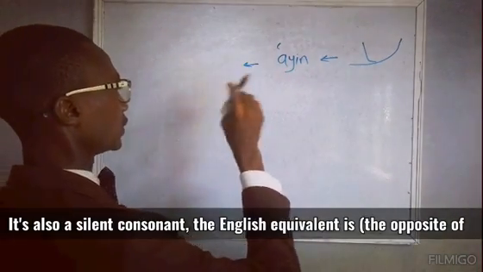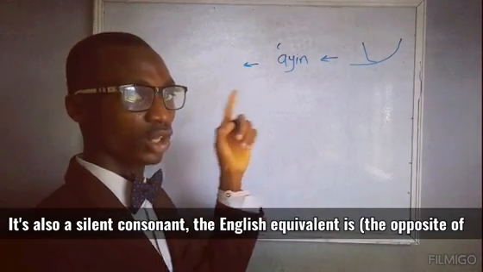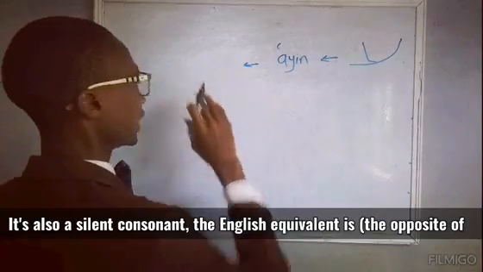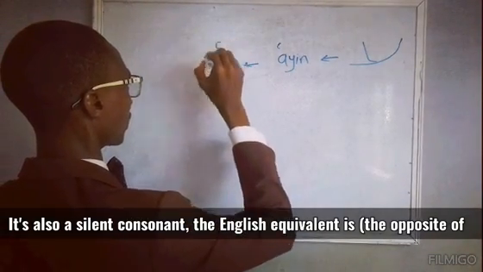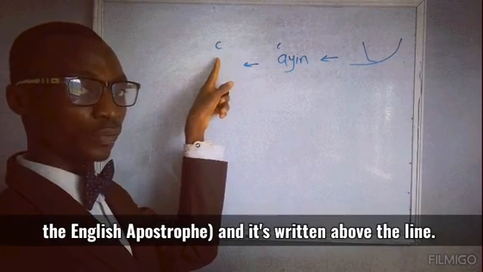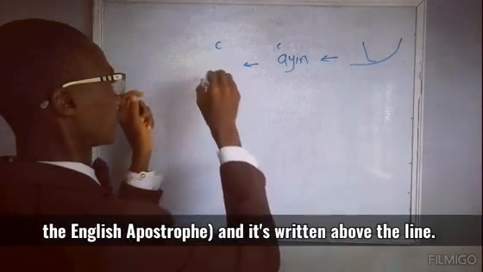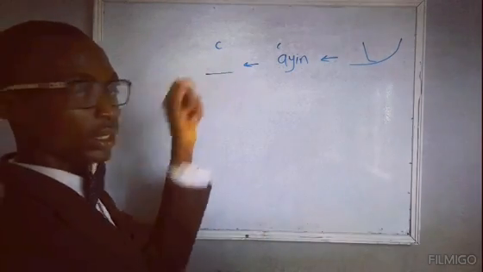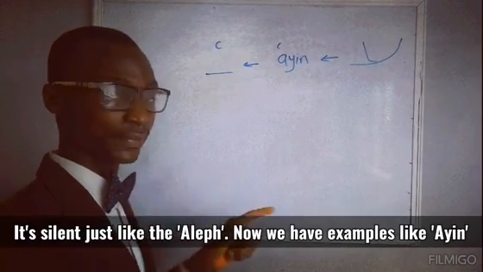It's also a silent consonant. The English equivalent is the opposite of the English apostrophe, and it's written not on the line but above the line. So the silent consonant is just like the Aleph.